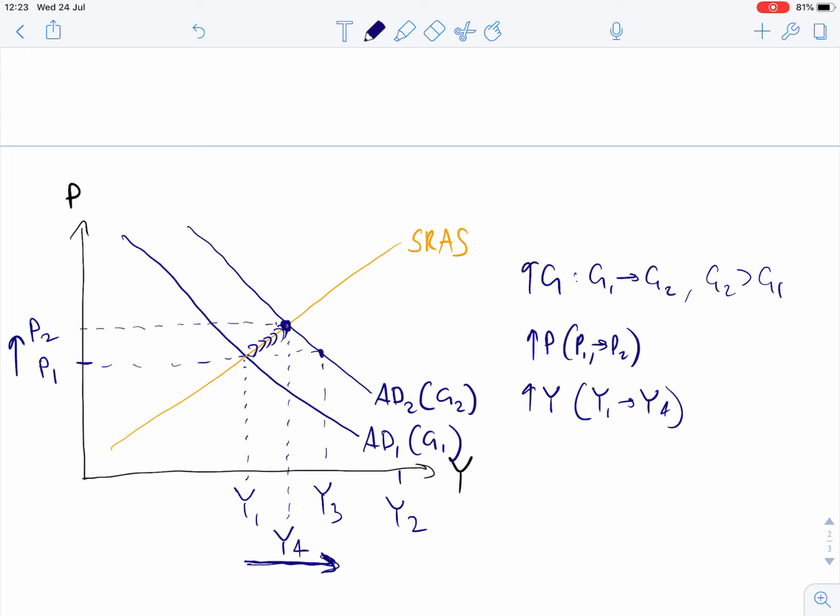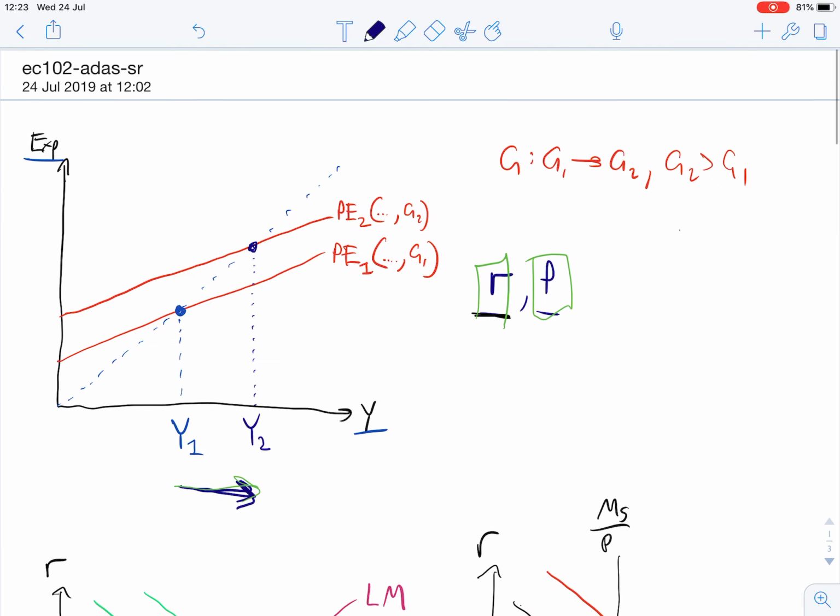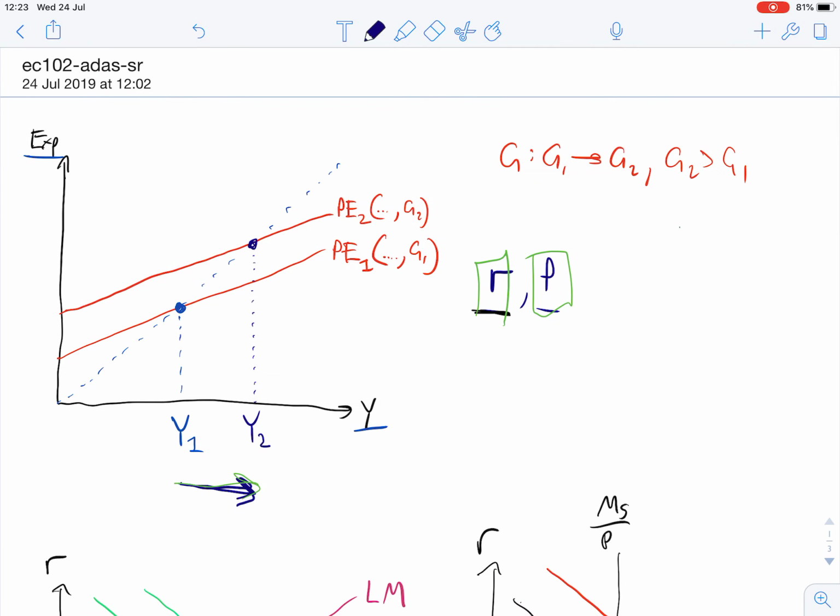But one more time with feeling, what was the driving force of Y1 to Y4? Initially, an increase in government spending put upward pressure on output at a given level of interest rates and a given price level.